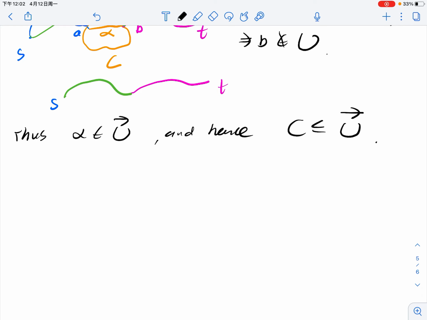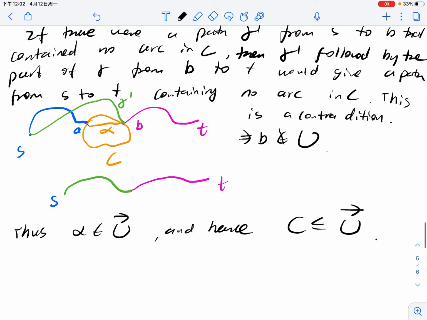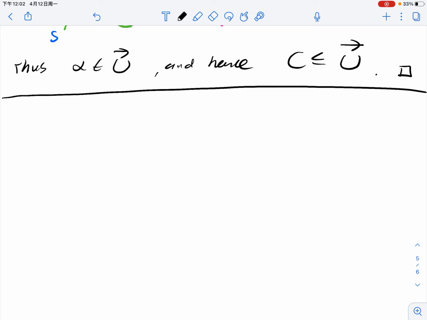And to conclude the property that U right arrow is in C, we complete the proof of the lemma.